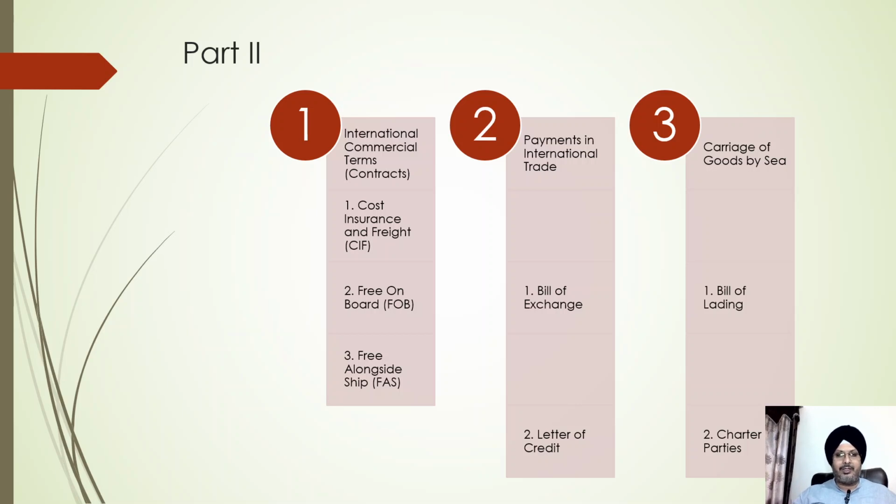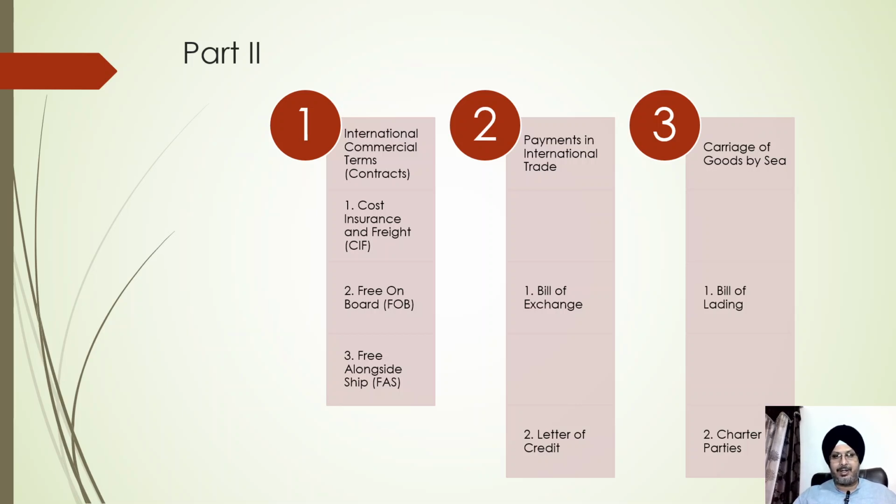These three terms are the standard terms. The purpose of these terms is to regulate these contracts, and they also provide the rights and duties of buyers and sellers. What do these three terms mean, and what kind of rights and liabilities are there? We will discuss when we discuss these Incoterms in part 2.